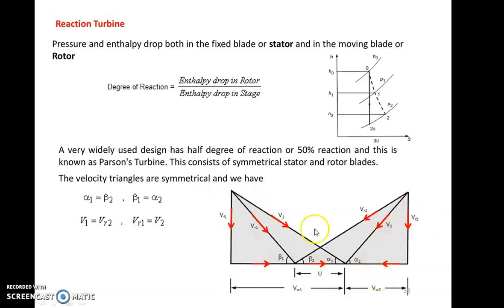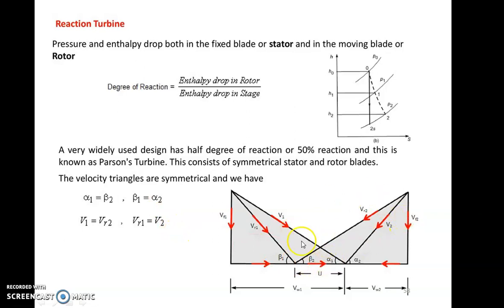If you see, this is the inlet velocity triangle, V1, VR1, VF1, making angles alpha 1 and beta 1. The outlet velocity triangle again has VR2, V2, VF2, making angles beta 2 and alpha 2. If they are symmetrical, then from the diagram, V1 will be equal to VR2 because of symmetry. VR1 will be equal to V2 because of symmetry.